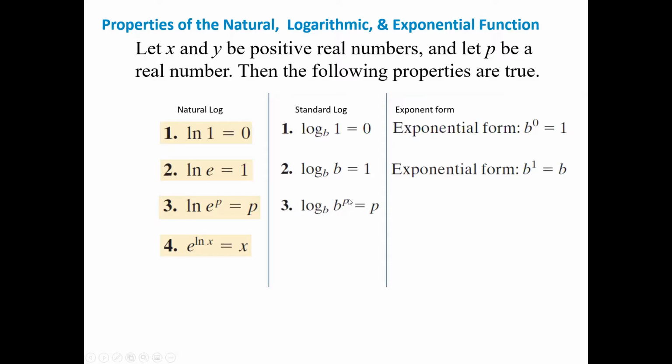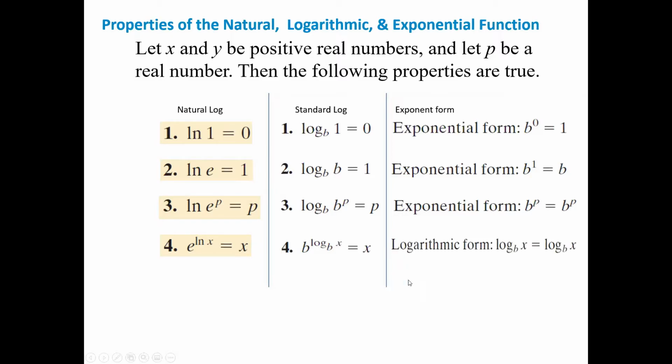Log base b of b to the p power is p. Why? Because log base b of b is 1 and p is your resulting answer. And again, here we've got b to the log base b of x, so x is the answer. And here's the logarithmic form of this.